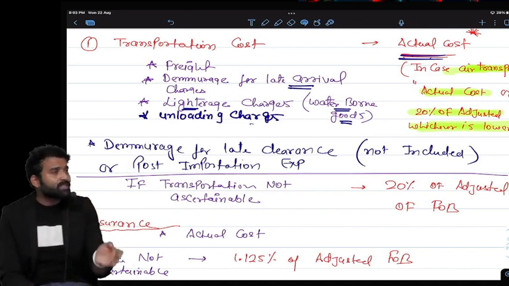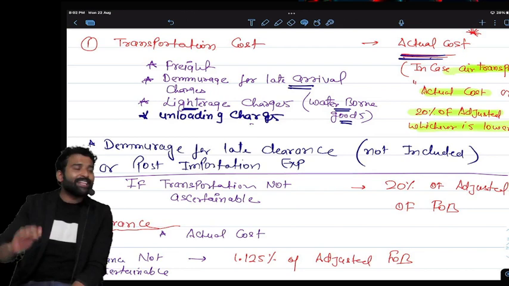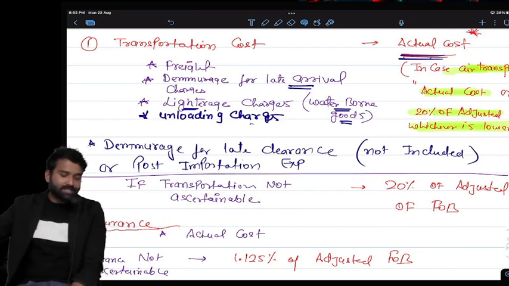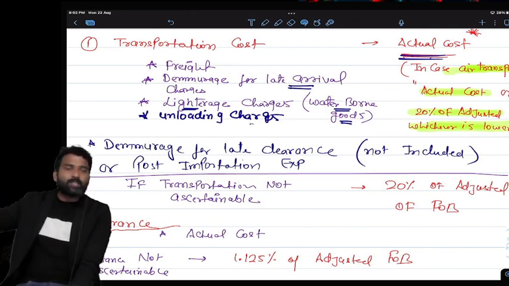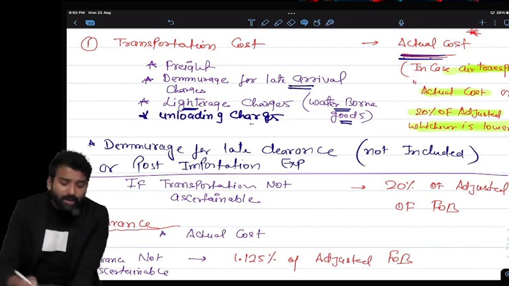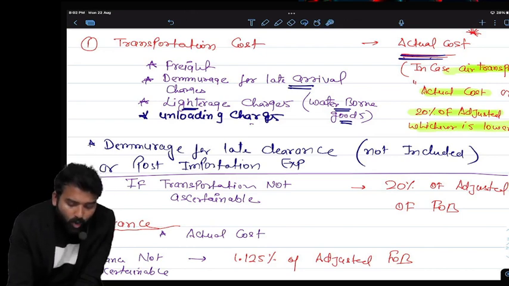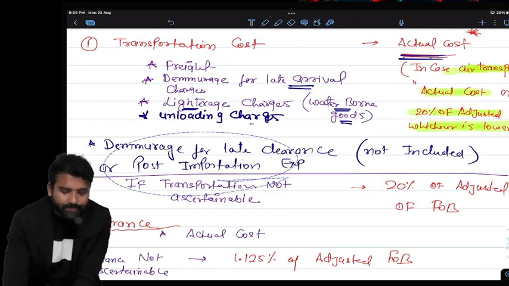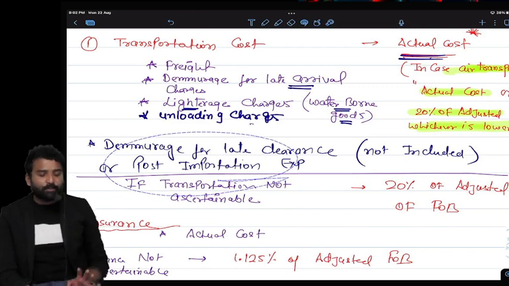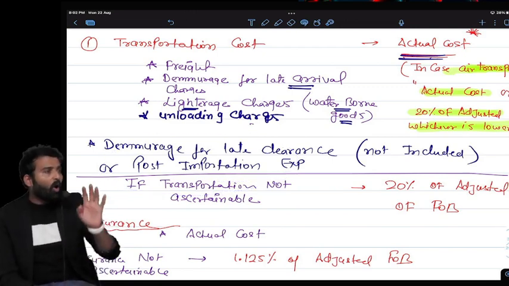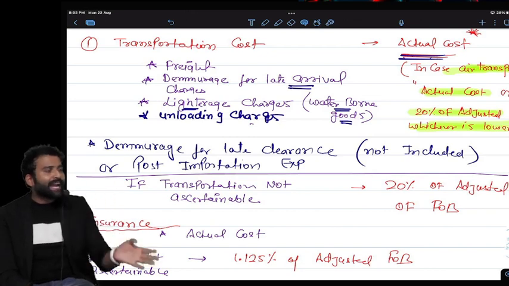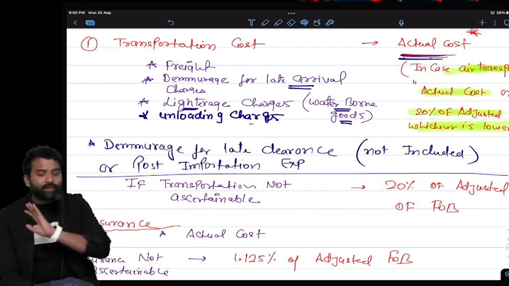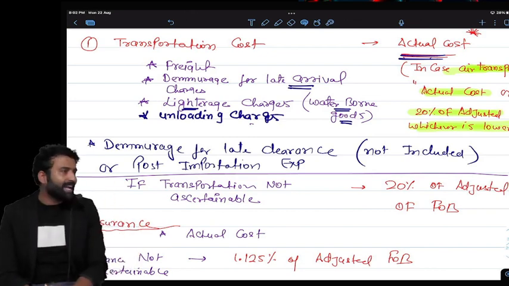So once the goods are landed and I am not clearing the goods from the custodian on a timely basis, I have to pay demurrage charges for late clearance. That will not be added. If I am paying transportation in India, that will not be added, because all these will be called post importation expenses. What will be included? All the cost up to the landing of goods in India. After landing of goods, all the expenses incurred will not be added in my transportation cost.